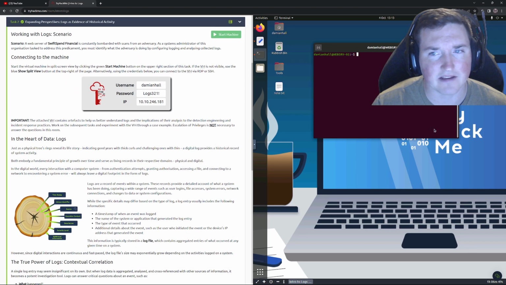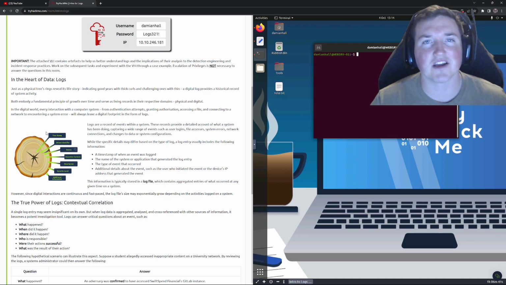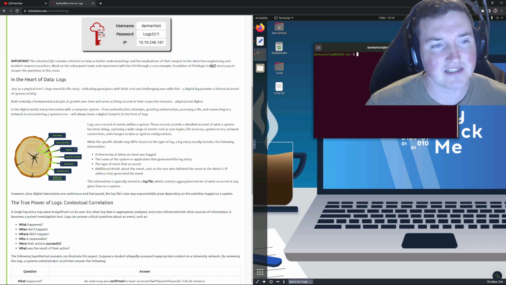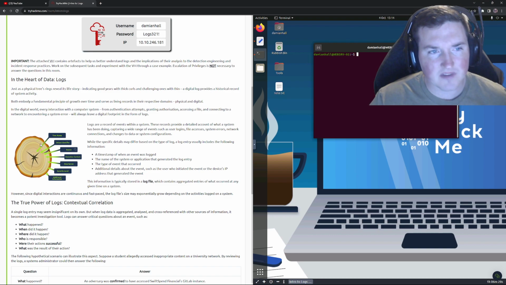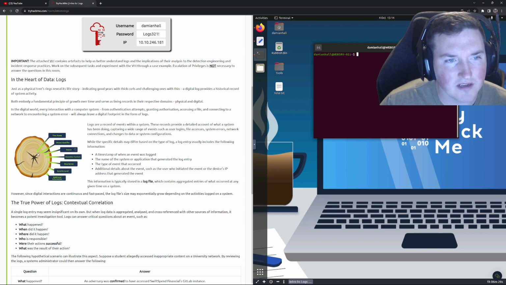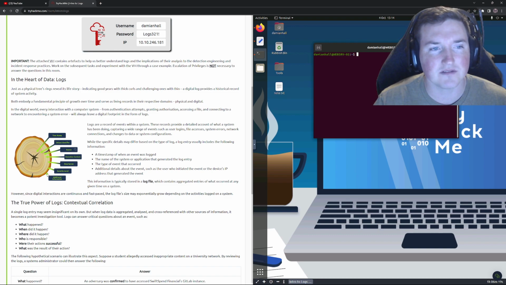Okay, so here's the machine that they have us looking at logs for, and they say here the heart of the logs is... I get they tried to go with a log theme here. I think this could have been explained way differently. I don't really love the ring thing because it kind of gives you the impression that these all build on each other, which they kind of do, but you get them all.